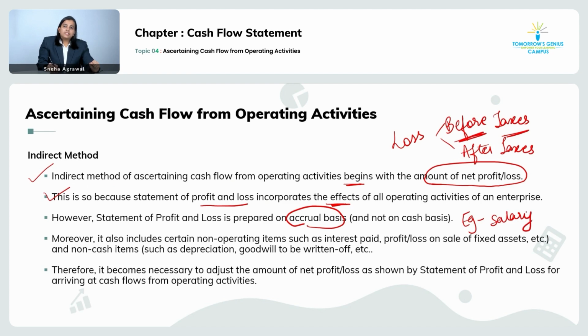Let's say salary is paid for 12 months, of which the April to March month salary is outstanding. So in our accounting, as per accrual concept, since it has become due, we go and add the outstanding expenses, right? But under the cash flow statement, we are only interested in actual cash inflows and actual cash outflows, right? So this part is important here, that we are not recording on the cash basis.